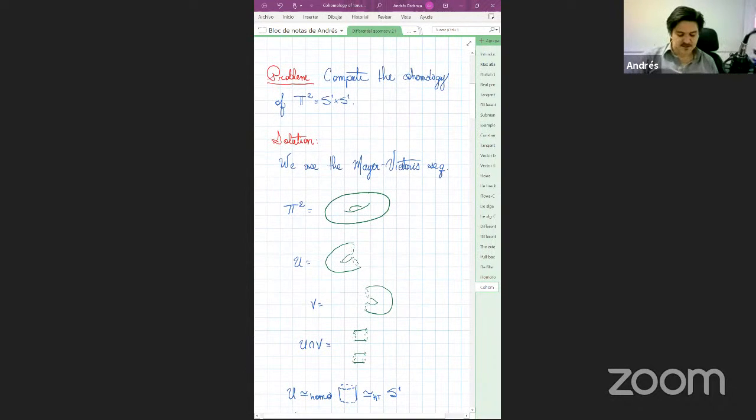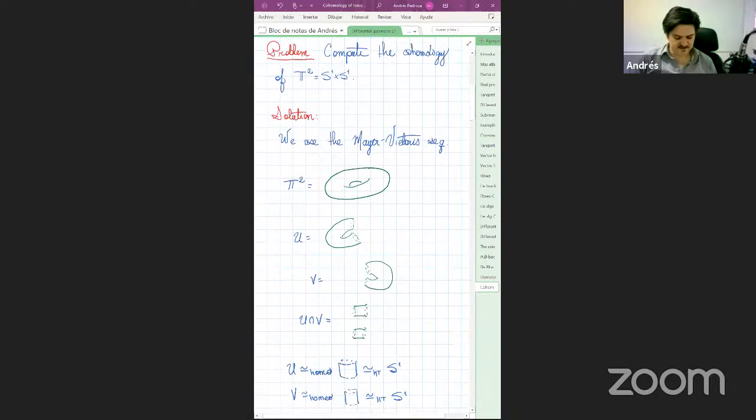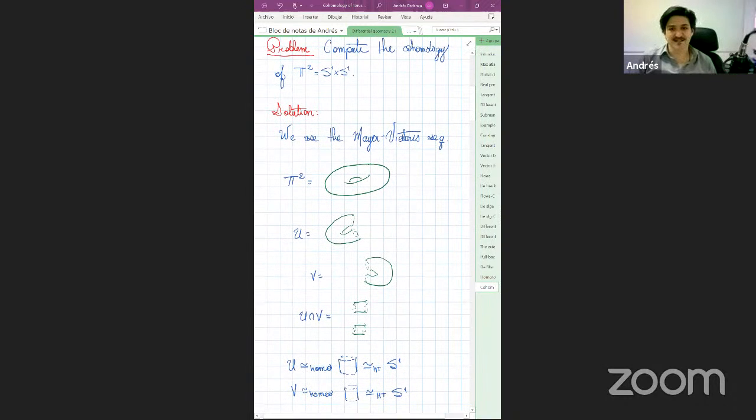Now, the good thing about this splitting is that we know the cohomology of the three pieces involved. U is a cylinder, homeomorphic to the cylinder, and we have computed that a cylinder has the homotopy type of a circle. The same applies for V, same argument.